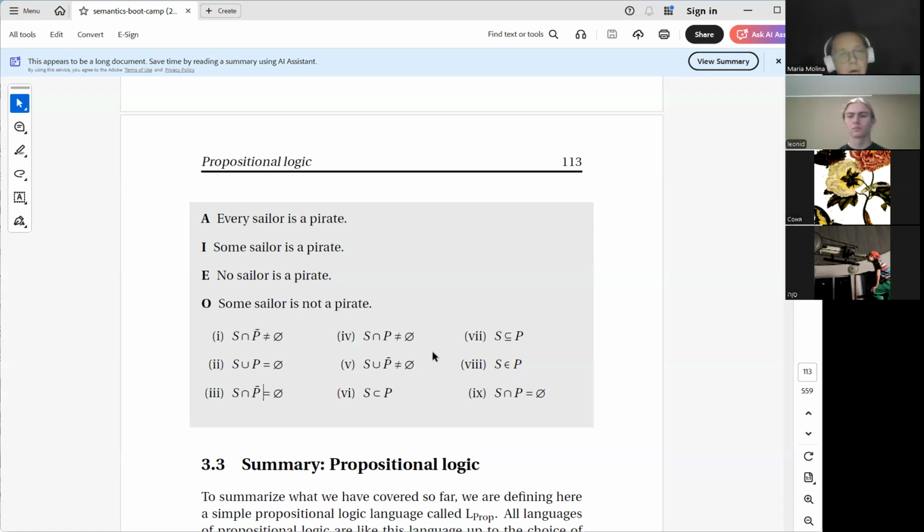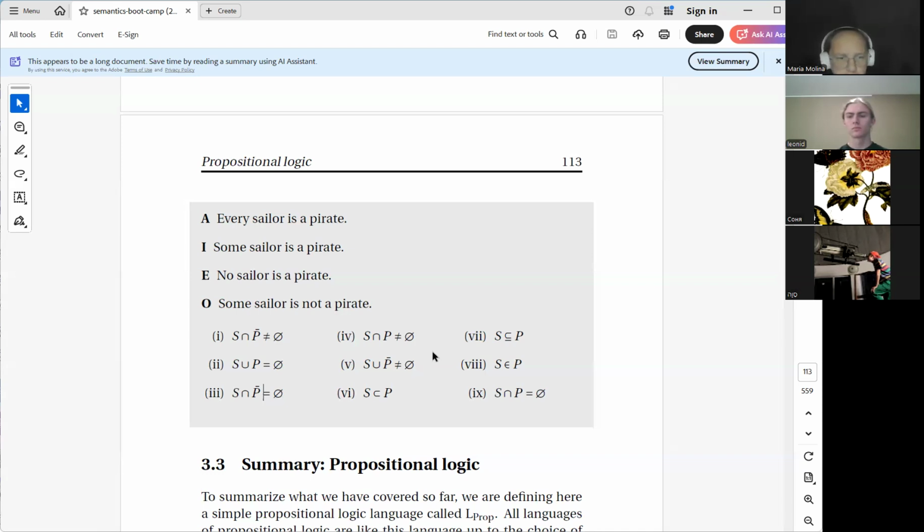If we talk about that, the intersection between sailors and non-pirates is not empty.